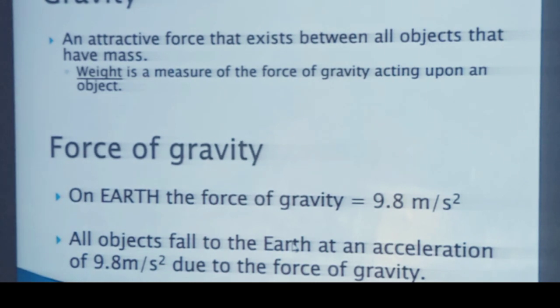Because of the pull of gravity. So during its downward motion, if we ignore the air resistance, then the body will fall down with a uniform acceleration of 9.8 meter per second square. But if air resistance exists, then this acceleration will gradually reduce.